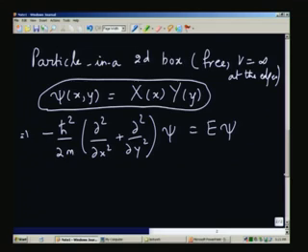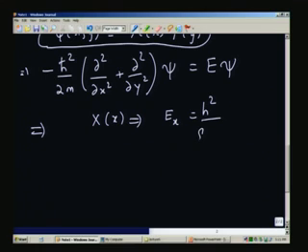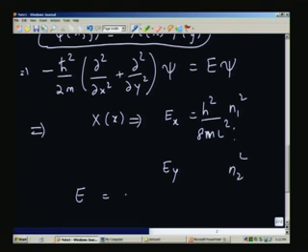The equation separated into two one-dimensional equations, the x equation giving an energy component Ex equal to h square by 8 m L square times n1 square, and likewise for n2 square for Ey. The total energy was of course the sum of these two terms, h square by 8 m L square times n1 square plus n2 square.